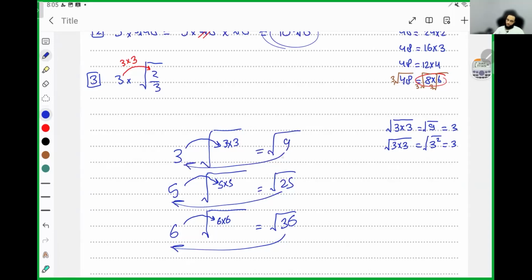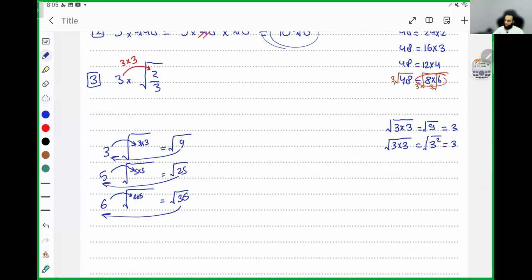Okay? And if it is 3 and you want to put it below a cubic root, then you have to multiply it 3 times, because this is a cubic root, and this was a square root. So 5 below the cubic root: 5 times 5 times 5.